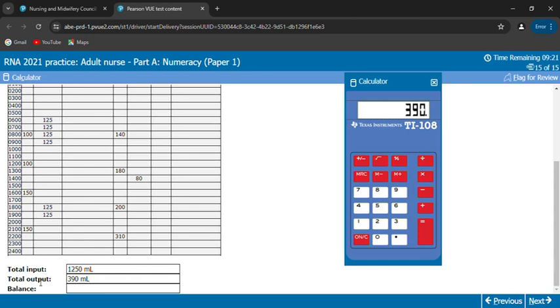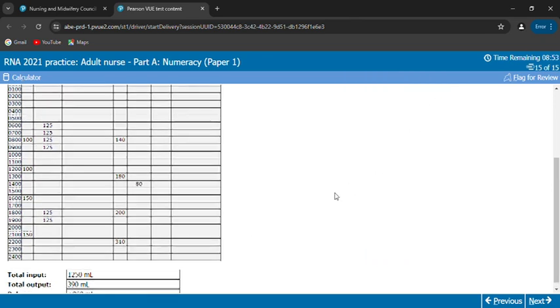So now we have to find the balance. In that situation we will do 1250 minus 390. So we have positive 860 ml. This is our answer. How can we say that this is positive? Because the input is more than the output. If the output is more than the input, then we mention minus here. So this is a very simple thing.